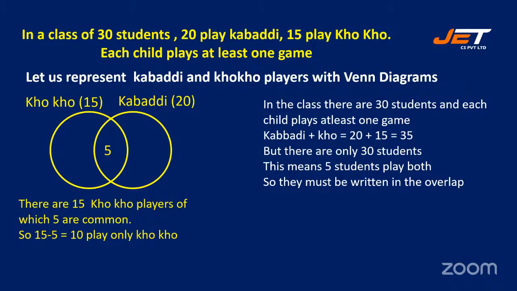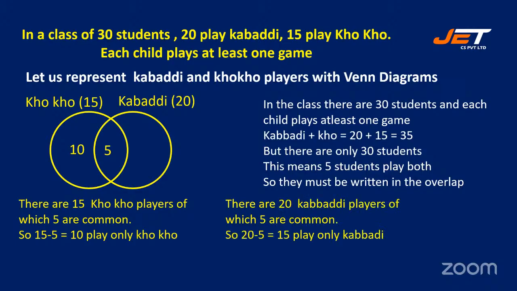So they play only kho, right? And how many students play only kabaddi? Again, you have 5 as common. So 20 minus 5 is 15. So 15 play only kabaddi. Hope this is clear.